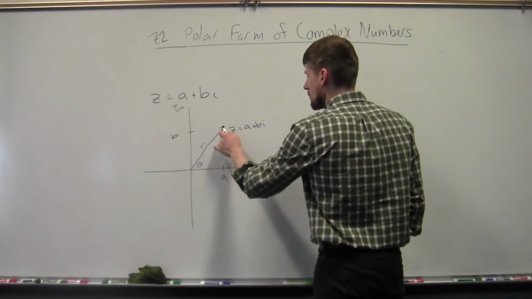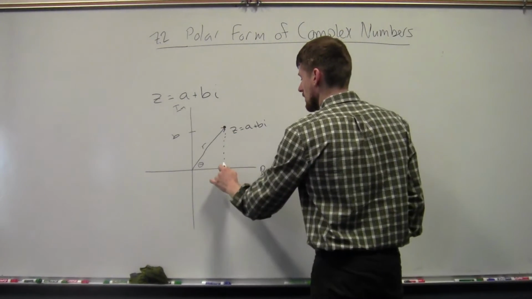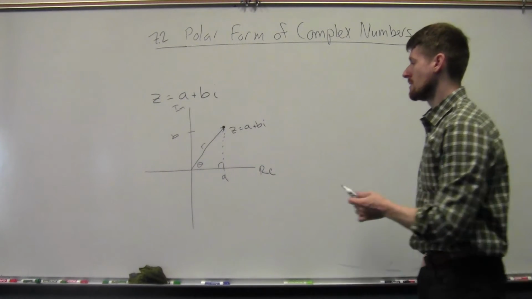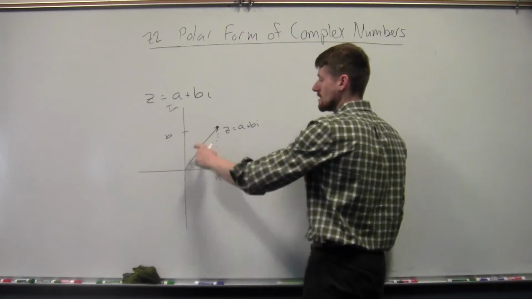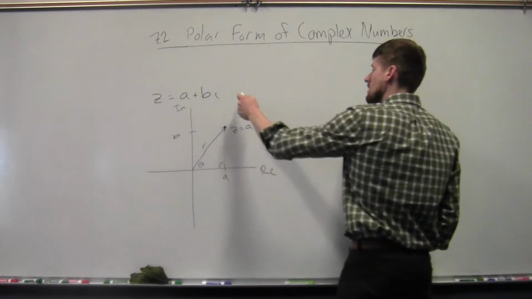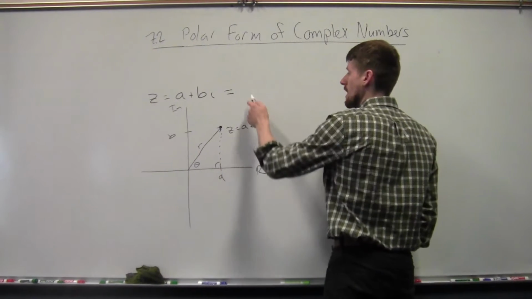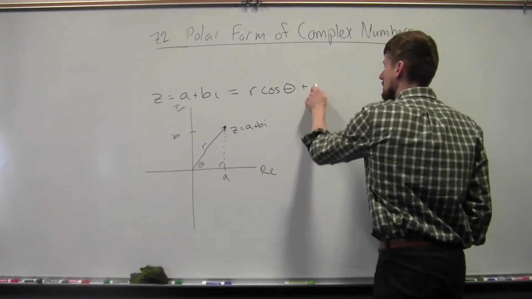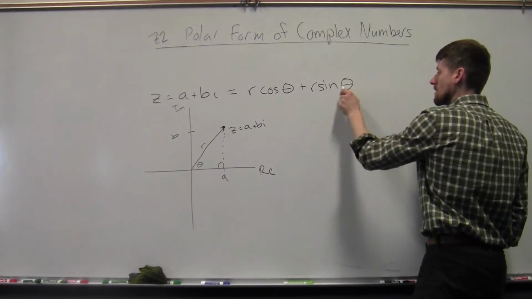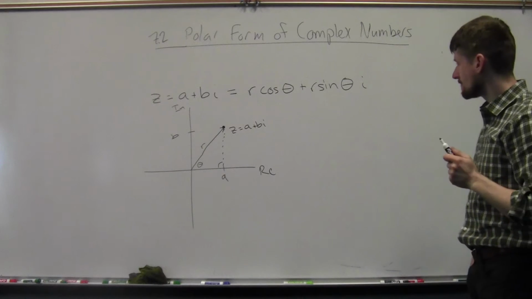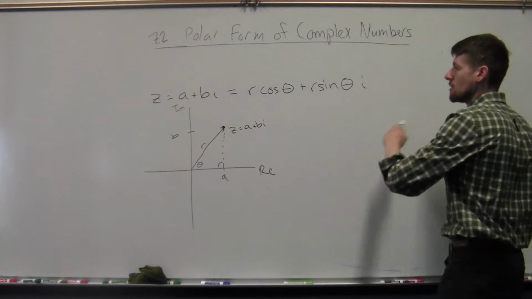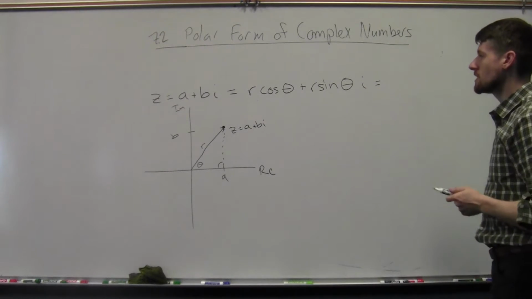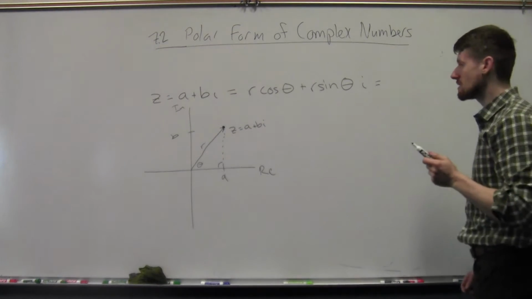So how would you get to this point? Well, we've already learned how to find the distance in this direction and the distance in this direction when you're given r and theta. So it's really just r times the cosine of theta as A, and r times the sine of theta as B. Now, people have rearranged this in different ways, and one nice way to rearrange this is to factor an r out, since r is common.